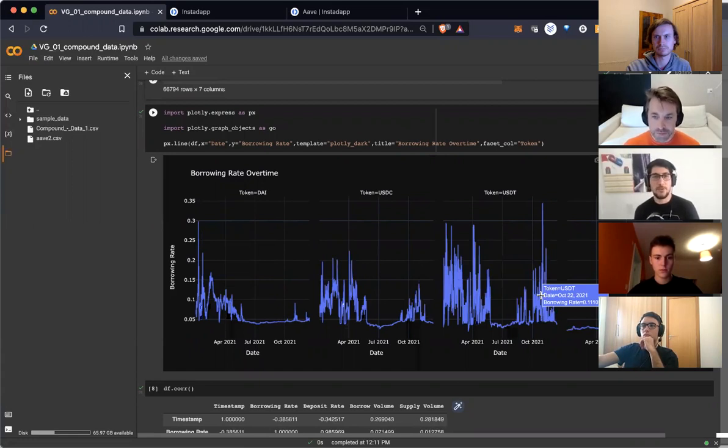It seems to always be volatile. There always seems to be a short supply of it. That's what that would tell me. So there's definitely an application: if you're borrowing debt, you want the lowest borrowing rate, so being able to swap out wherever you're borrowing against would be helpful.